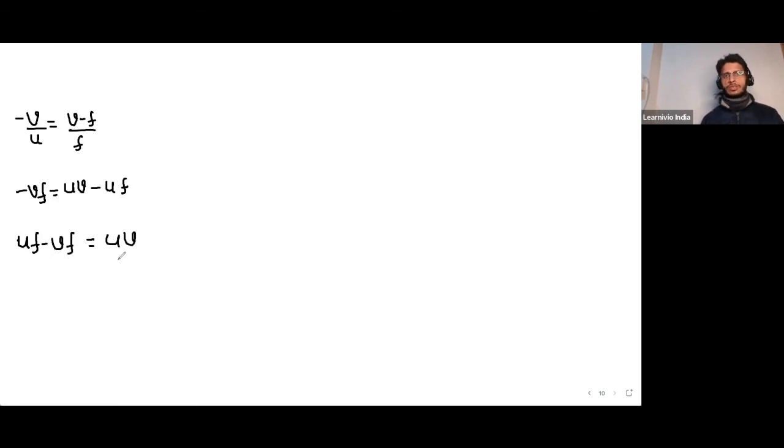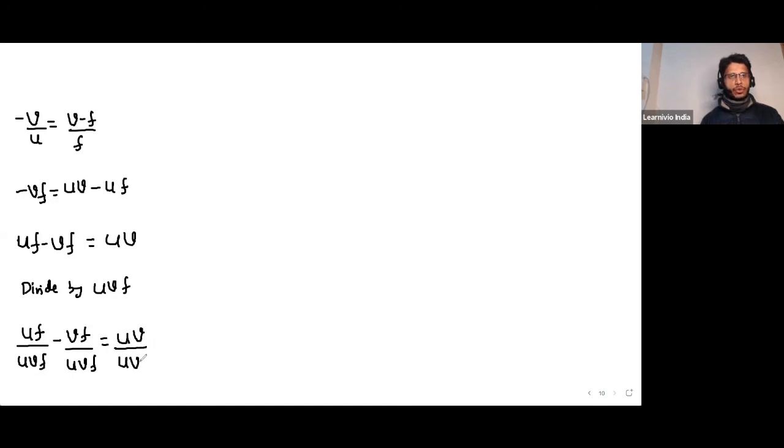But just to convert this lens formula into standard form, I divide both sides by UVF. So if I divide both sides by UVF, it's UF by UVF minus VF by UVF equals UV divided by UVF.